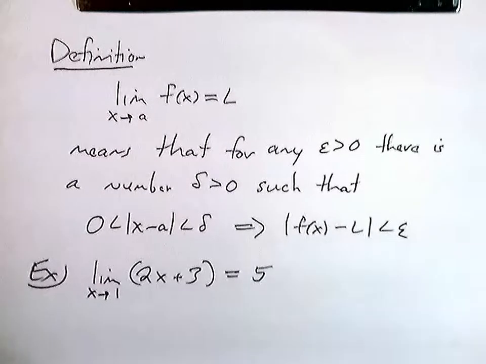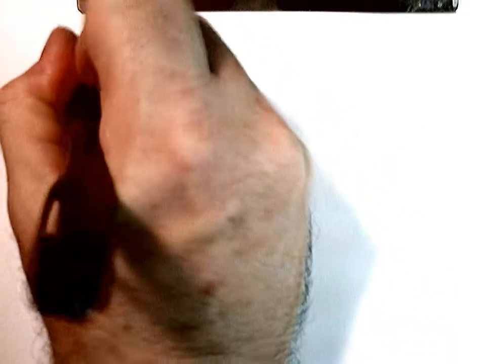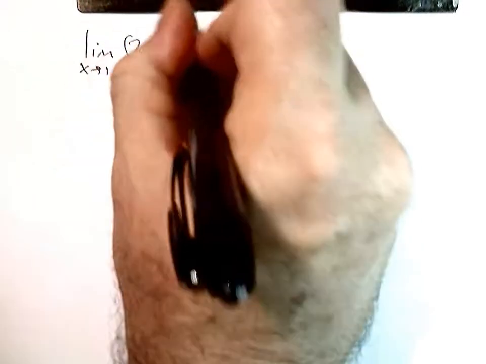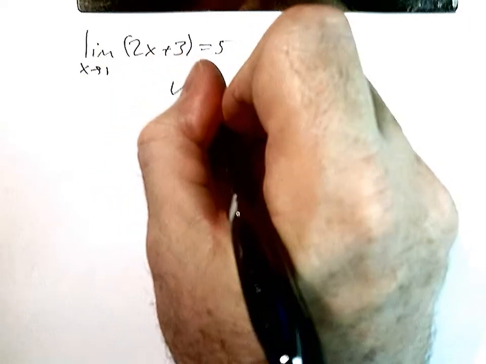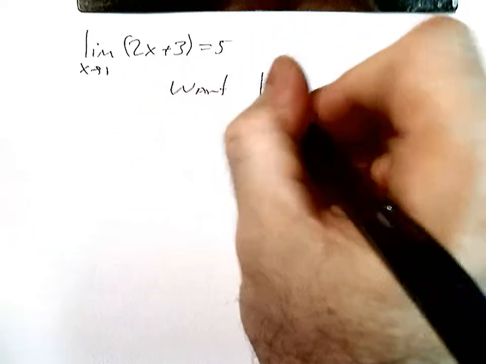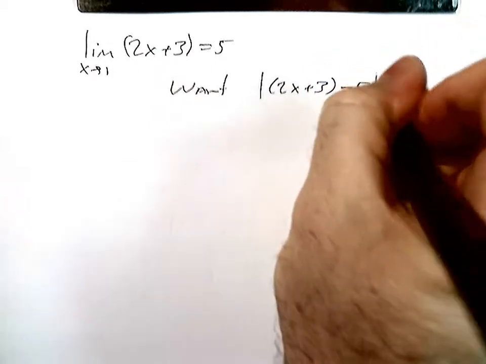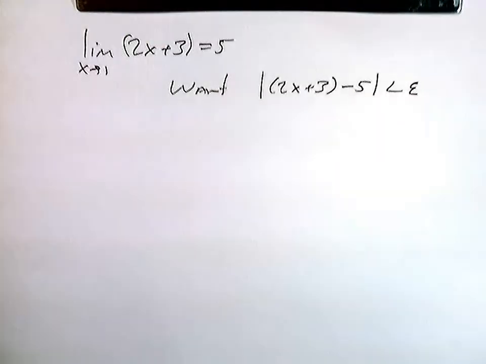So let me get a new page here. I said the limit as x goes to 1 of 2x plus 3 equals 5. So what do we want? We want our absolute value 2x plus 3 minus 5 to be less than epsilon. We want to find a delta on our x that will make this work.